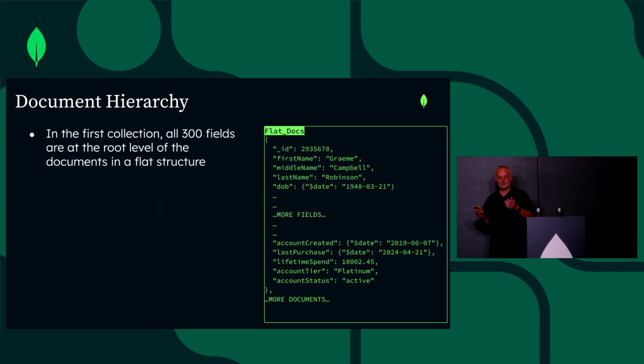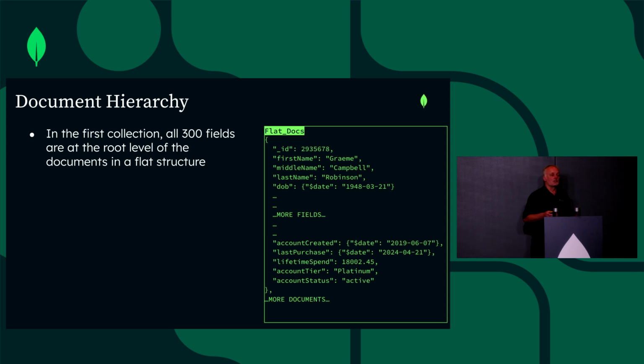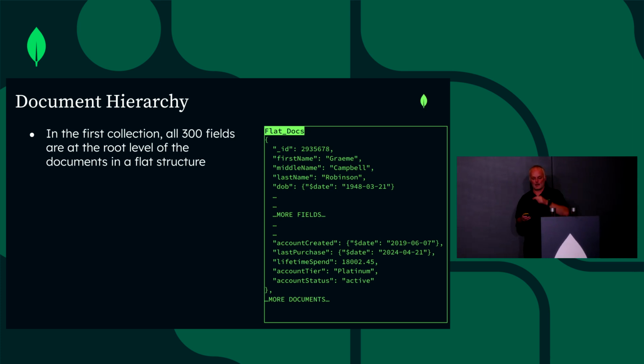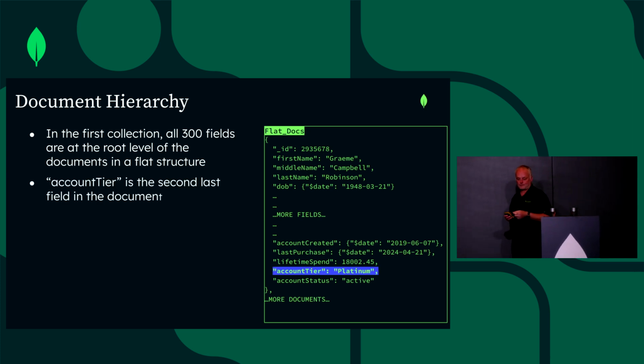So the default indexes. So our first design, we're going to go a very simplistic approach and have all of our fields as top-level scalar values. So we've got 300 fields all at the same level. And the field we actually want to search on is account tier, which just happens to be near the bottom of the document.